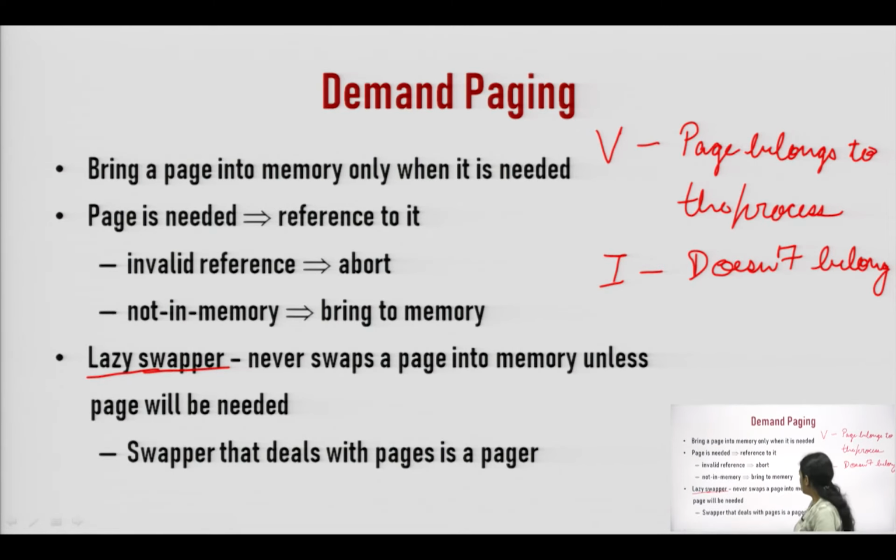Here we are talking about pages rather than a process, so rather than using the term swapper, we will use the term pager. A pager is a module that swaps pages in or out as per the requirement. If a page is required, it will be brought in, otherwise not.